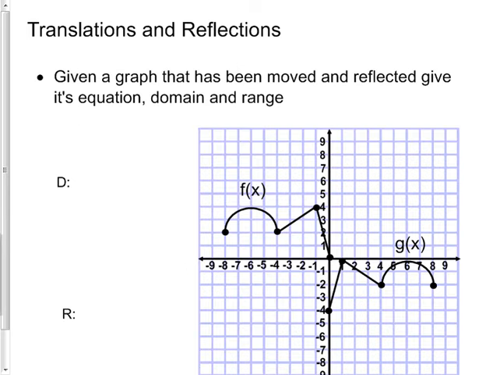Here is one like that, and this graph f of x, this little hat thing, has been moved and flipped and all that stuff. Okay, if you're given a graph like this, you'd have to give the equation that would get you from here to here.